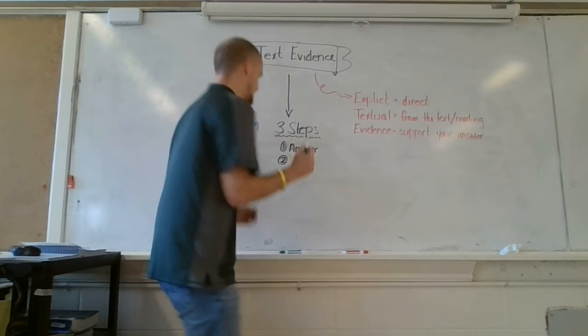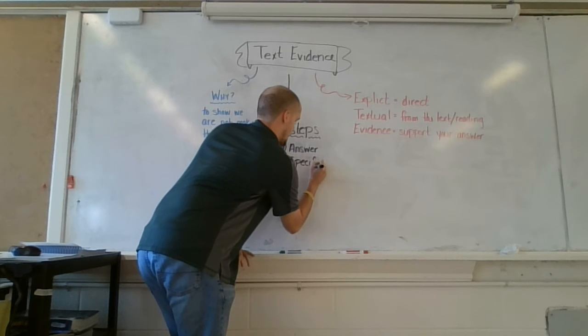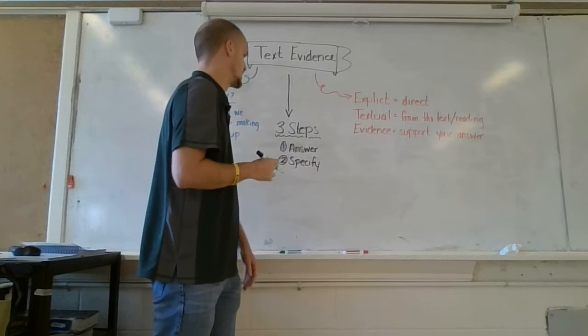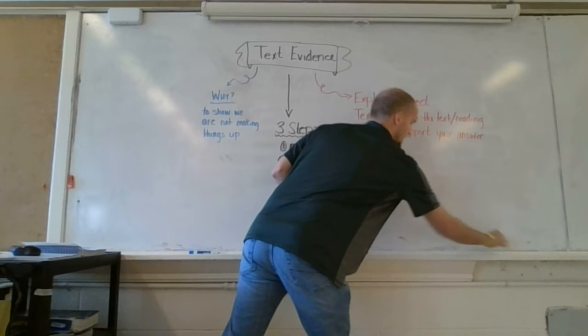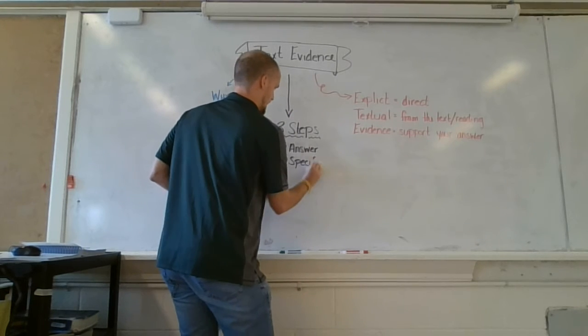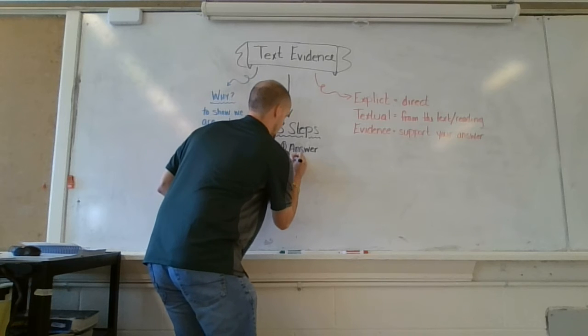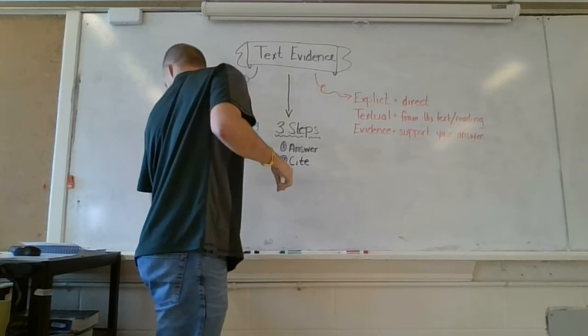Number 2, specify, or cite. Specify or cite. And actually, I'm gonna do that so it goes along, makes it less complicated. All right, and you cite in 2 ways.